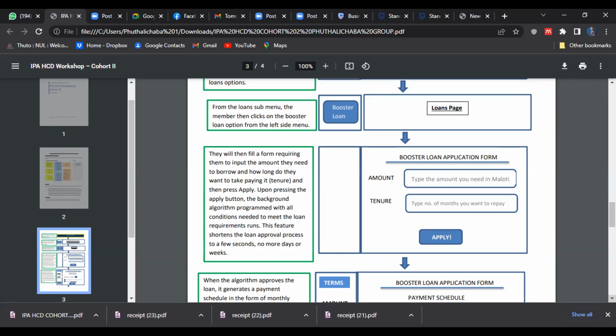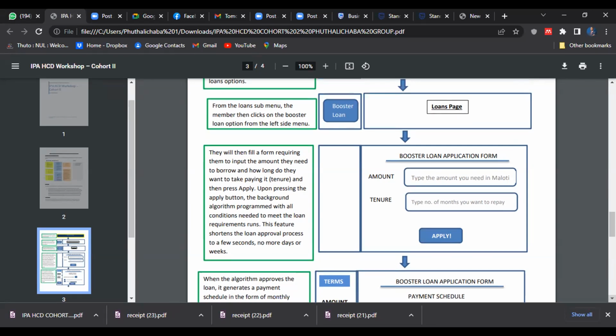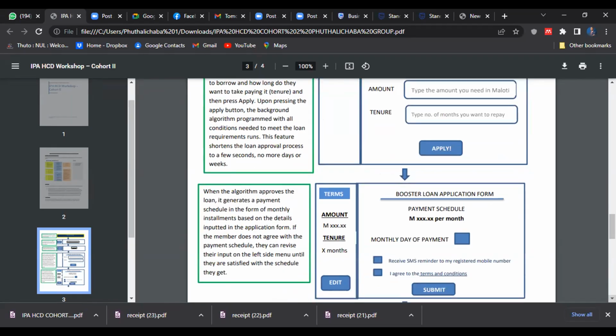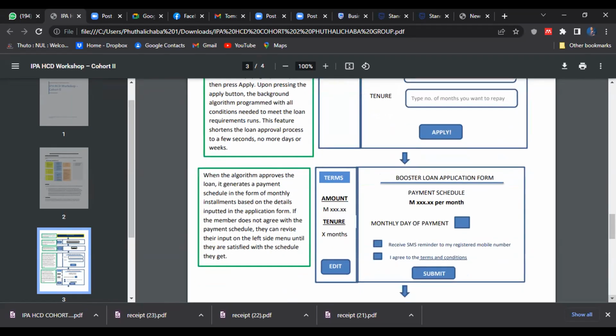So if you put in, let's say, 8 months, then having the amount and the tenure or the period will allow us to calculate the equal installment you are going to pay. The formula for calculation of the interest and all other fees will depend on the amount and the period.